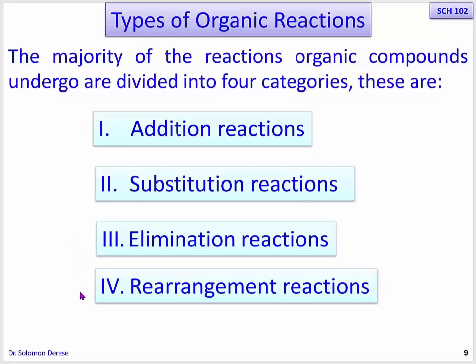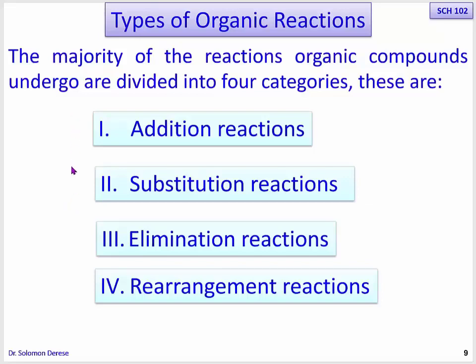And the last one we are going to look at is rearrangement reaction. As the name implies, as the reactant becomes product, the only thing that has happened is the reactants change their position. So these are the 4 major types of reactions organic compounds undergo.